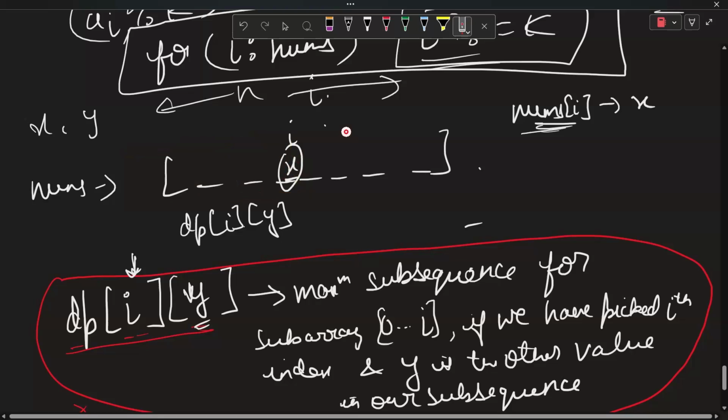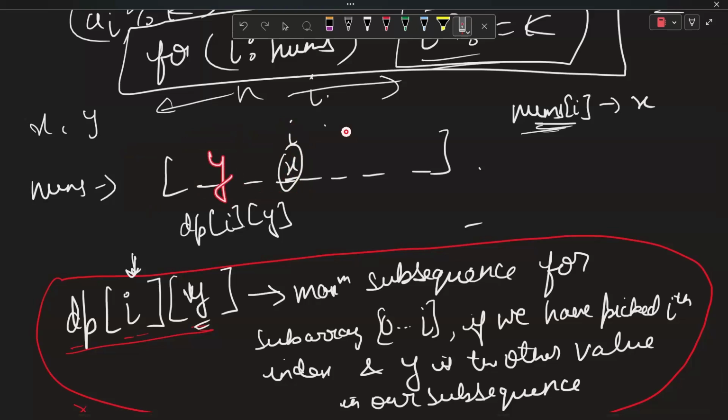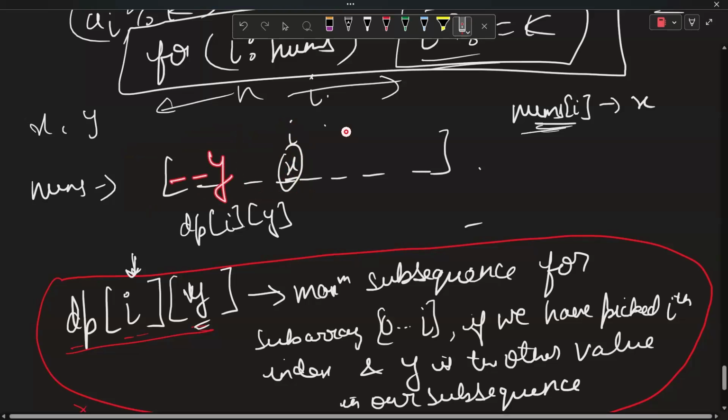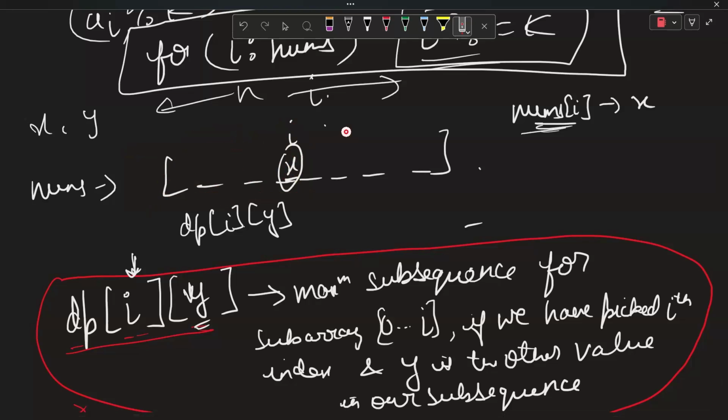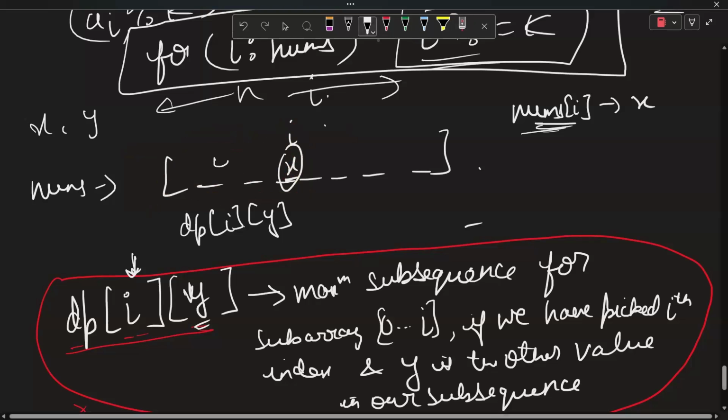So how would you write the transition for this? If we have picked x, it means before picking x, the last picked element was a y. So we can just go to all the y we have before x. What is the last y we had before x? Let's say the last y you had before x was at some index j. So you can write your transition as the dp up till here.